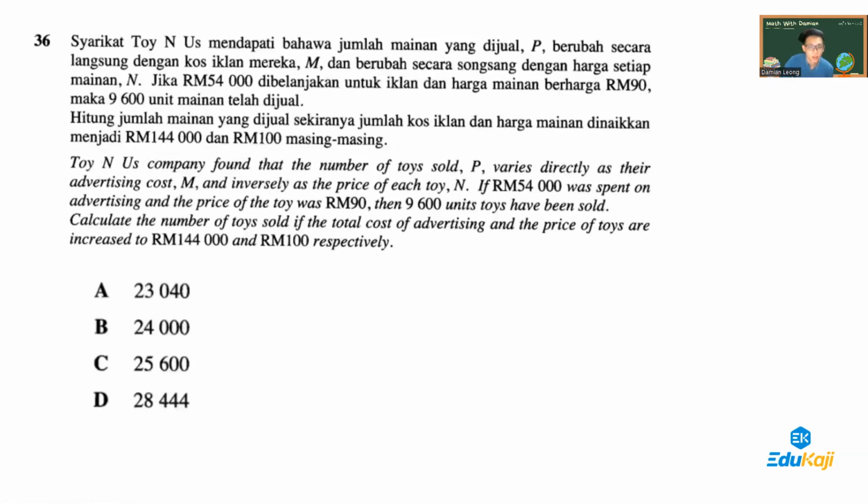Question 36. Toy company found that the number of toys sold P varies directly as their advertising cost M, and inversely as the price of each toy N. So P equals K times M, and inversely means over N. 54,000 was spent on advertising, M is 54,000.